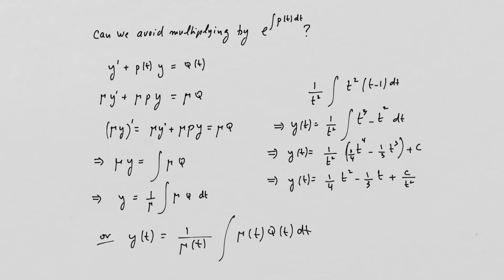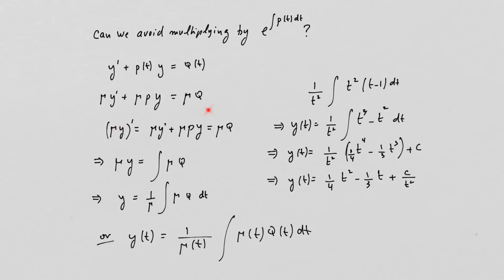So again, this is my ODE. Multiply across by mu. And so what do we want? This is the trick now. Let's assume there is a function mu so that the derivative of the product mu y is this. So that says that mu y prime has to be this, which has to be that.